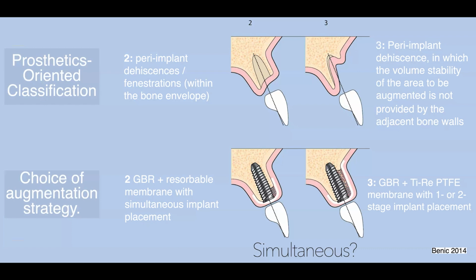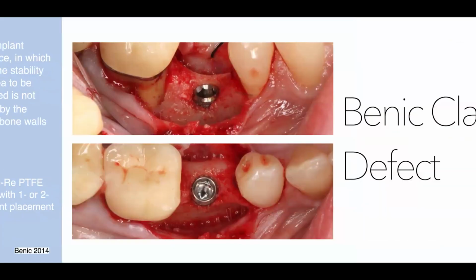Okay, so again, Bennett class 2 is a peri-implant defect that is within the bony envelope. Class 3 is a peri-implant dehiscence that is outside the bony envelope. In this one, they recommended GBR or PTFE, and they said you can do it in 1 or 2 stages.